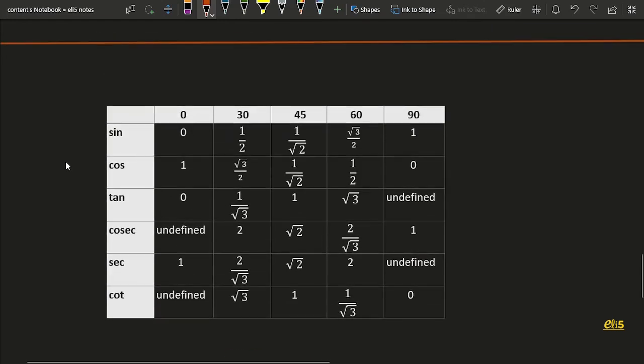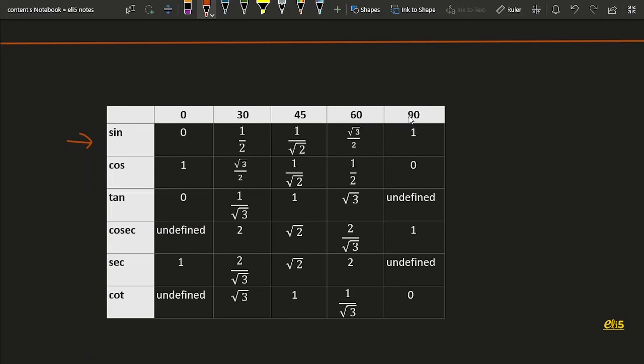Now what I did back in my school is, I couldn't remember all of this, so I came up with an idea. I only remember the values of sine 0, sine 30, sine 45, sine 60 and sine 90. So the cos is just the opposite of that.